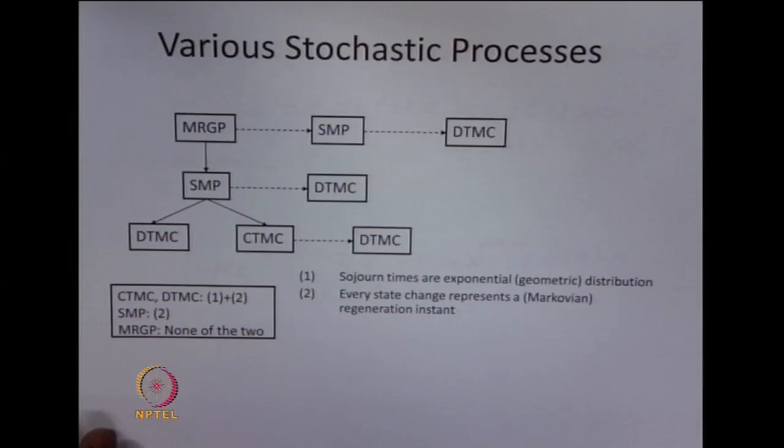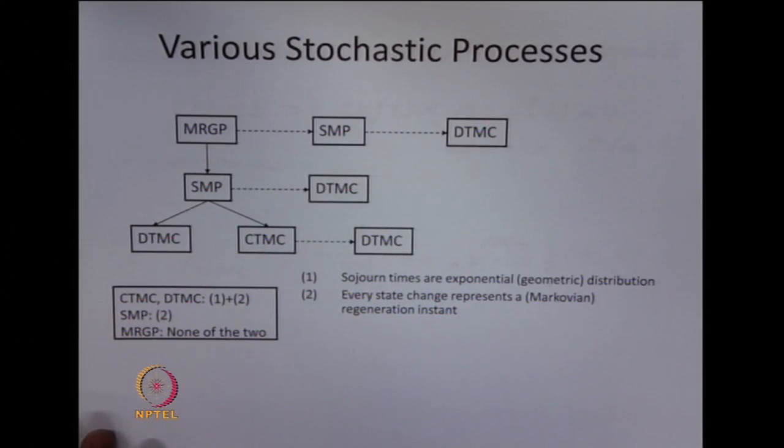First, we are going to discuss the various stochastic processes which consist of DTMC, CTMC, semi-Markov process and Markov regenerative process. Consider number 1, the sojourn times are exponentially distributed. Number 2, every state change represents a regeneration instant.